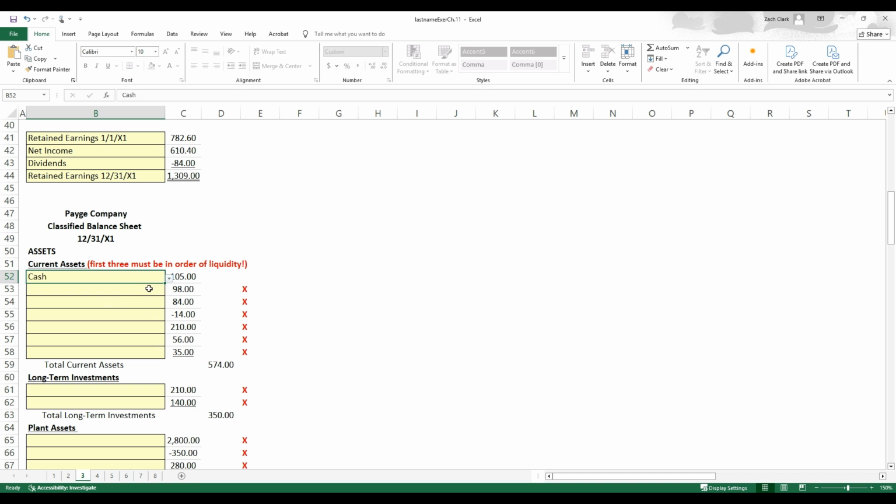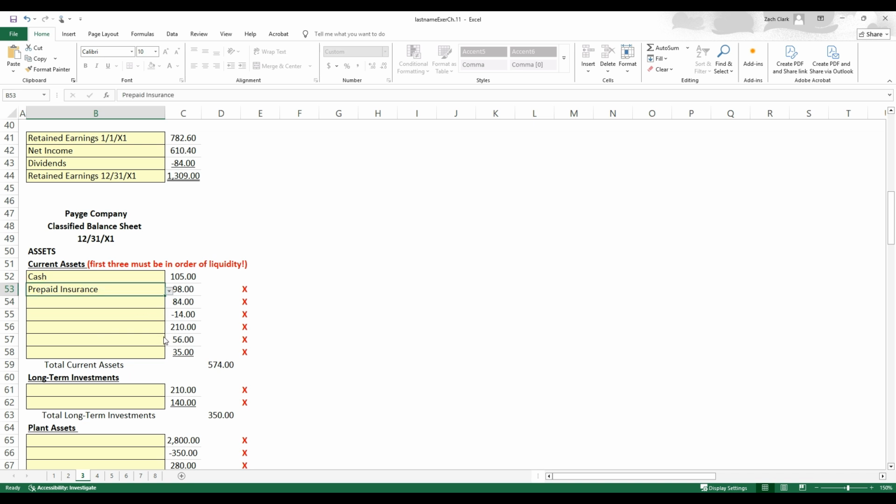So the first three are always the easiest to tell. So cash, accounts receivable. Oh, I didn't like accounts receivable. What was before? Maybe prepaids? Typically, I always assume that, well, what's more?